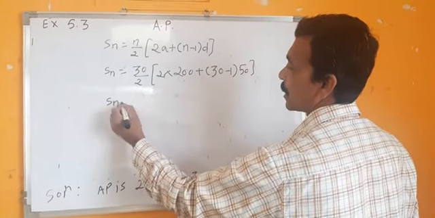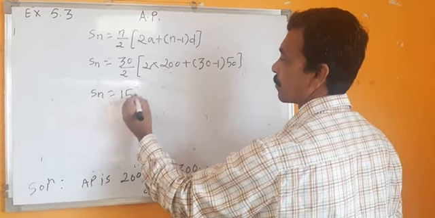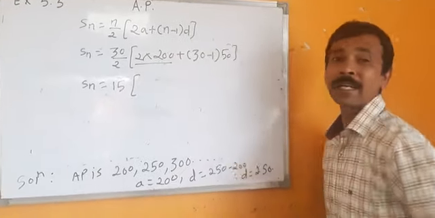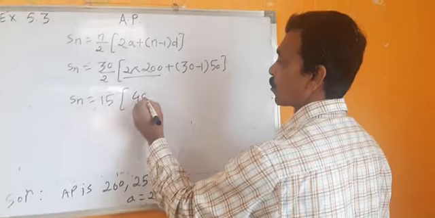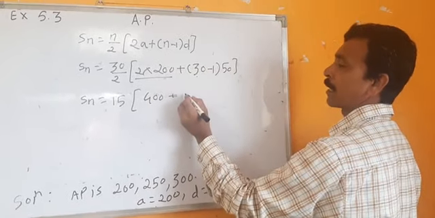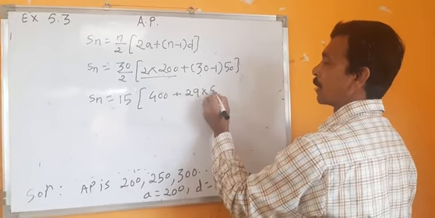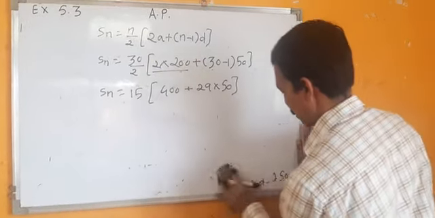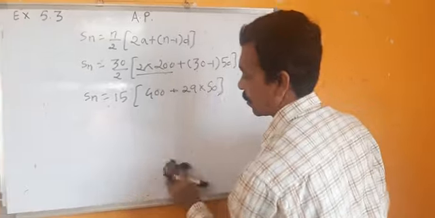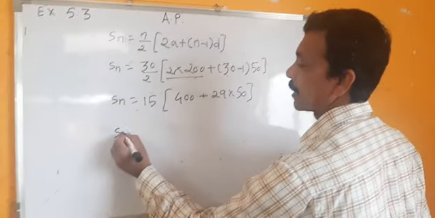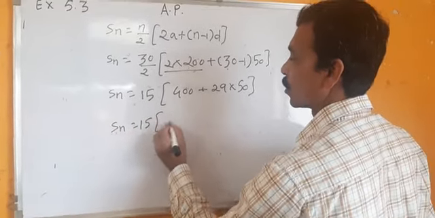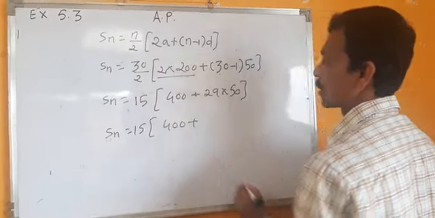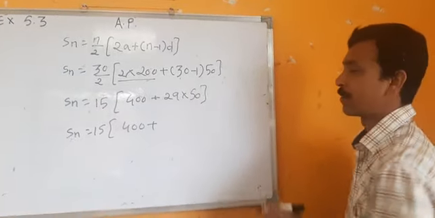Sn is equal to 30 upon 2, which is 15, into 200 into 2 is 400, plus 30 minus 1 is 29 into 50.